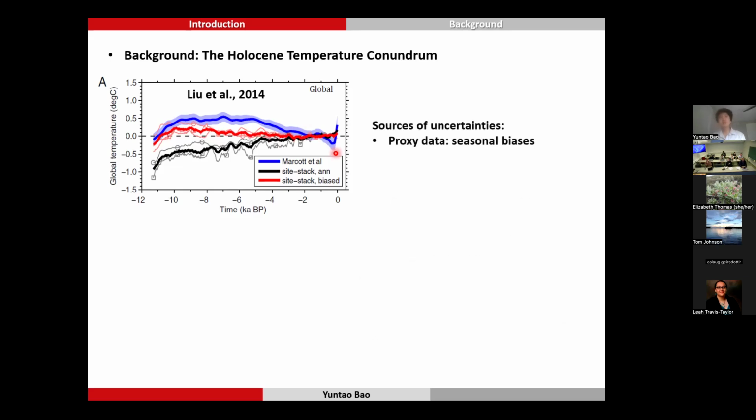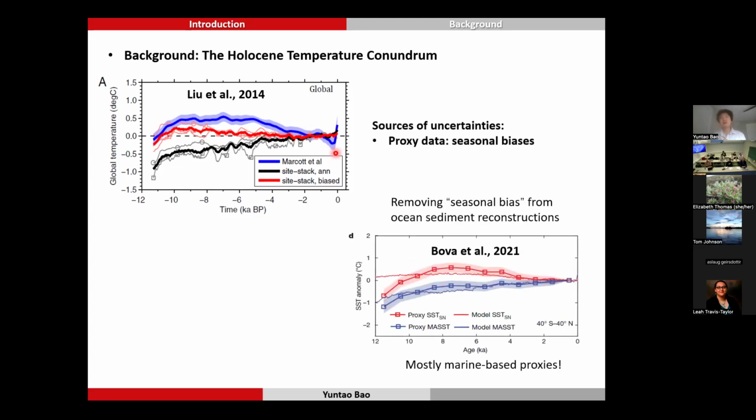There are also sources of uncertainty in both proxy data and climate models. One major uncertainty in proxy data is the so-called seasonal bias. You can think of most of the proxies, for example, tree rings and some kinds of ocean sediments. They are more biased toward the warm seasons. For example, the tree rings' growing season is in summer, in the warm season, right?